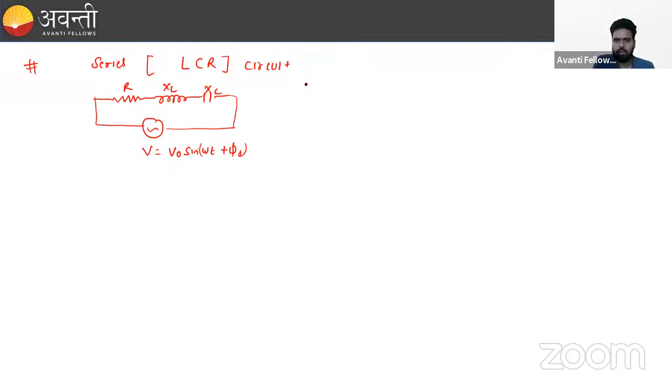The very first problem asks to find the value of VRMS. Second, find the value of L, the inductance. Third, find the value of C. Fourth, find the value of Z. Fifth, find the value of IRMS.